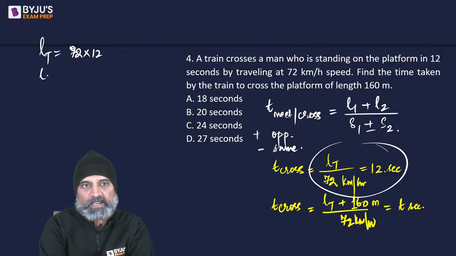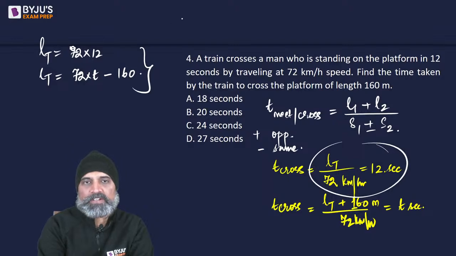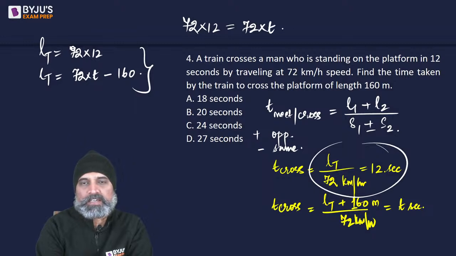And length of the train from the second one is 72 into t minus 160. They both are same, right? So we can say 72 into 12 is equal to 72 into t minus 160.